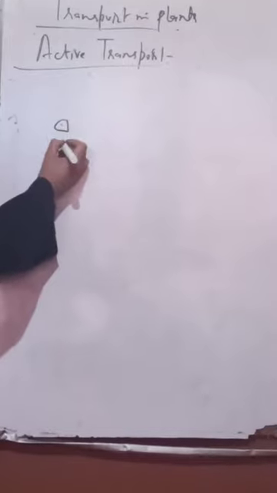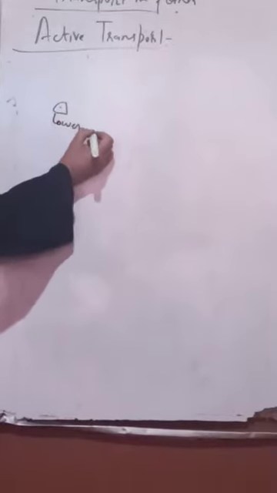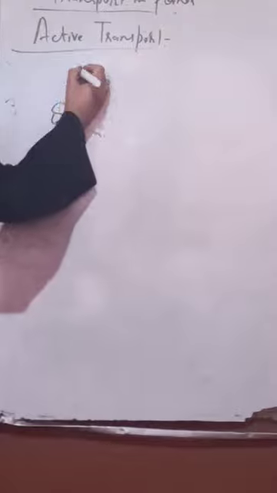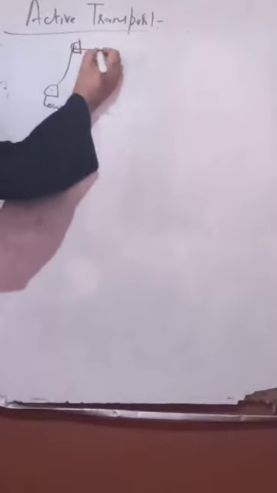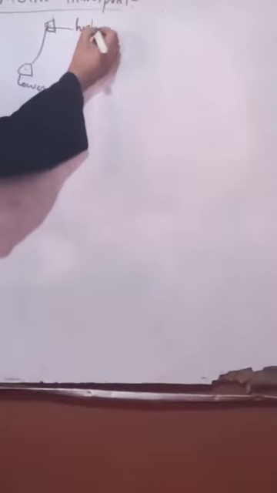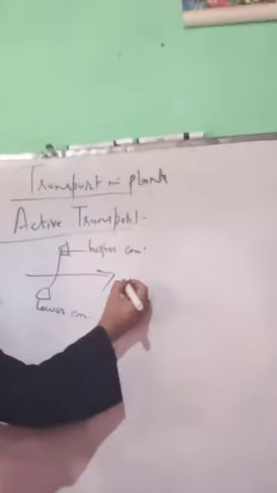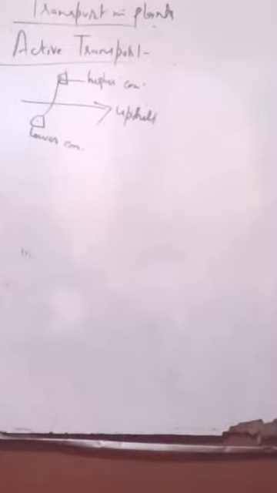For example, from lower concentration it goes to higher concentration. So in active transport, molecules move from lower to higher concentration, and this transport is called uphill transport.